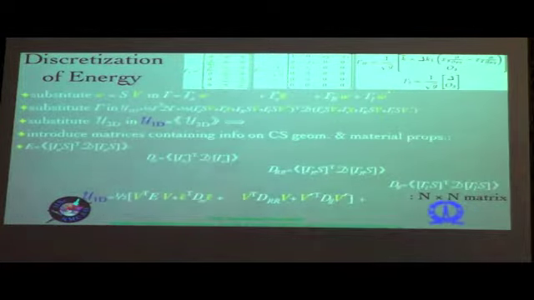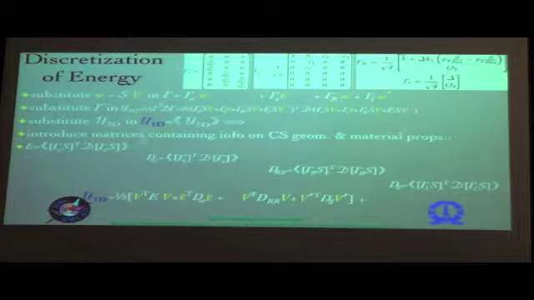So again, is n the number of nodes, sir? Yes, that's correct. Actually, it's the number of degrees of freedom. See, you are putting W as S into V, right? So basically it's the shape functions into the amplitudes at each one of those nodes.